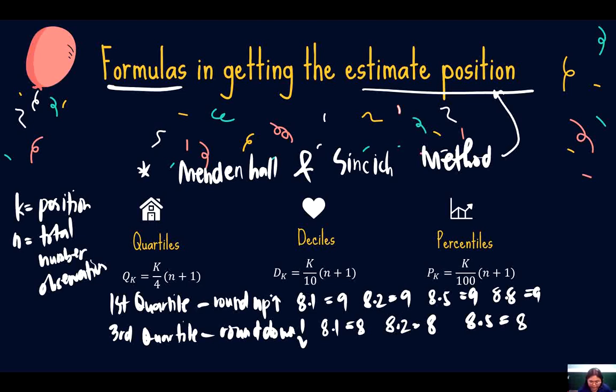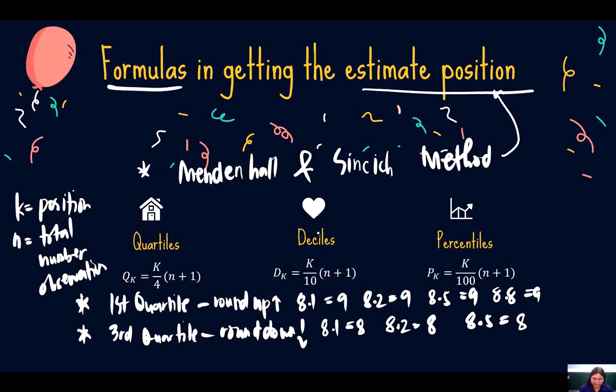Pag sa round up, kapag ang decimal point ay 1 hanggang 9, lahat nag-round up for the first quartile. Okay? Kay third quartile, pag ang decimal point ay mula kay 1 hanggang kay 9, round down pa rin. Ibig sabihin, kung ano yung whole number, yun na yun. As is, siya yung position. Okay?